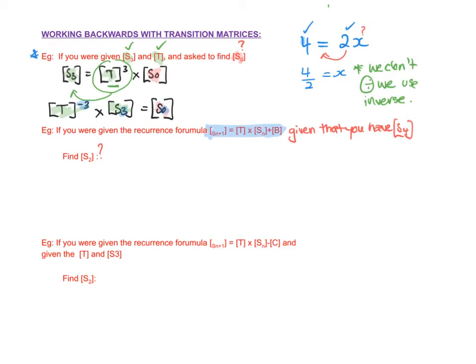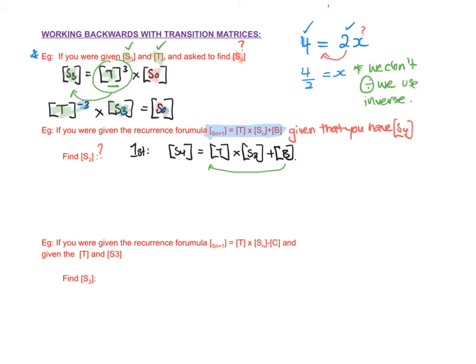So if I want to go back from S4, the first thing I'm going to have to do is find S3. If you think about it, we'll link S4 and S3 together. S4 would have been the transition times S3 plus this B. So going backwards, step by step, first you move this B over.